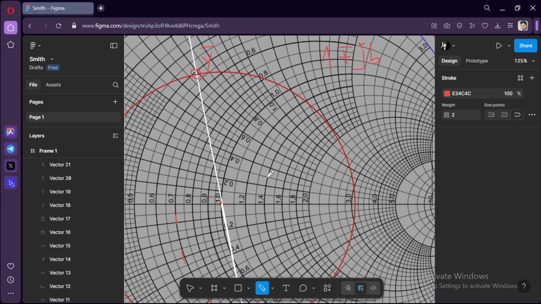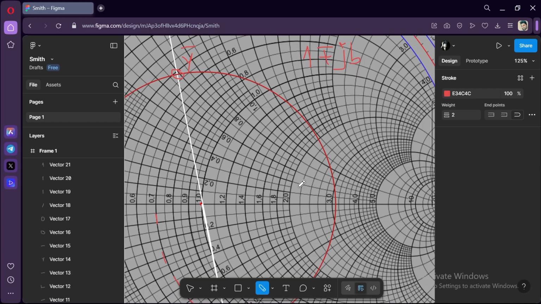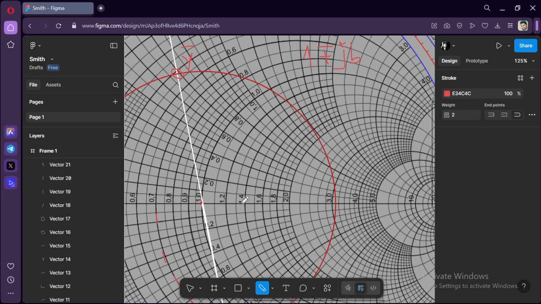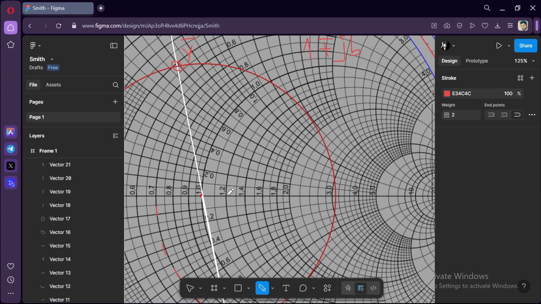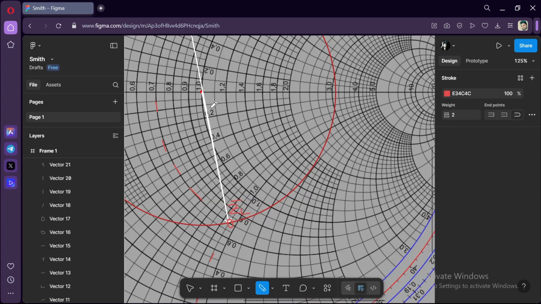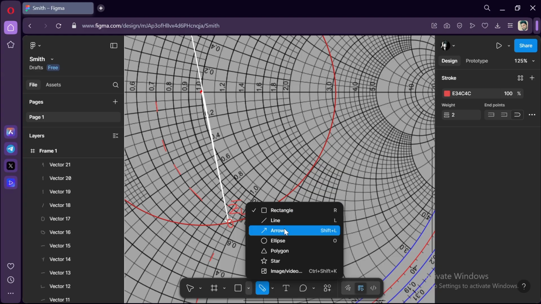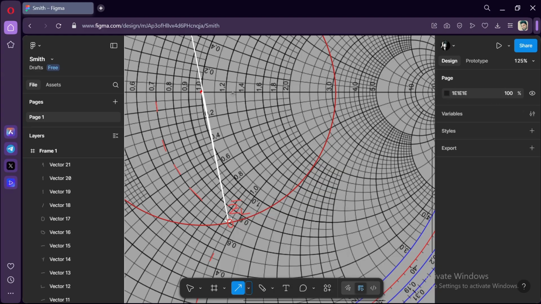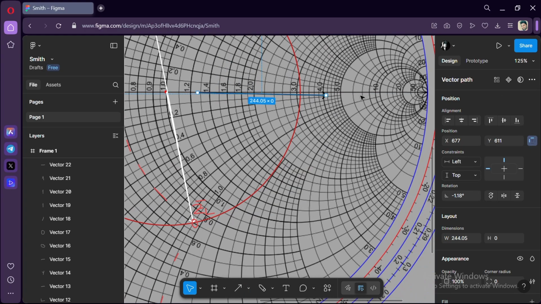You will see why we need this. Let's take an arrow at the bottom; we need this distance to draw the circle.